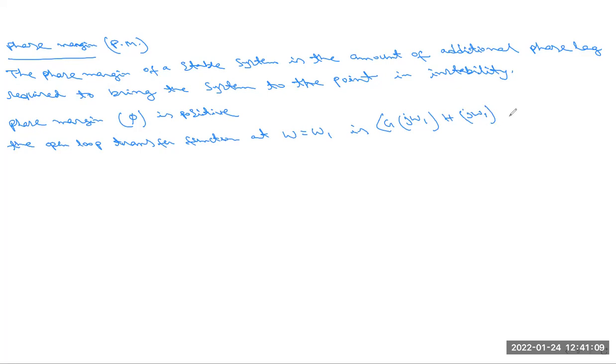So this is the open loop transfer function where omega equals omega 1. We have to express it as the angle of G(j omega) H(j omega).